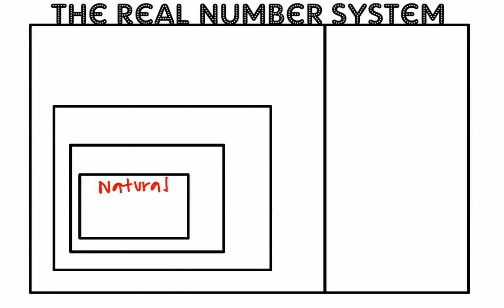So when you are learning your numbers, what do you learn? 1, 2, 3, 4, 5, and so on. Now these are also called counting numbers, so the numbers that you count with, right? 1, 2, 3, 4, so on, all the way to infinity, really. So natural numbers are just counting numbers.